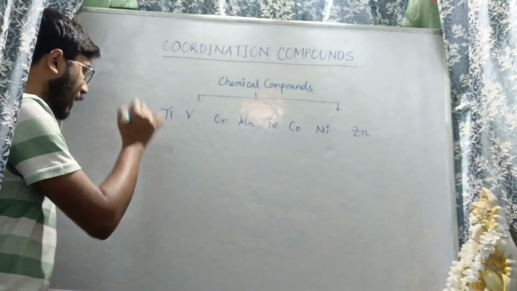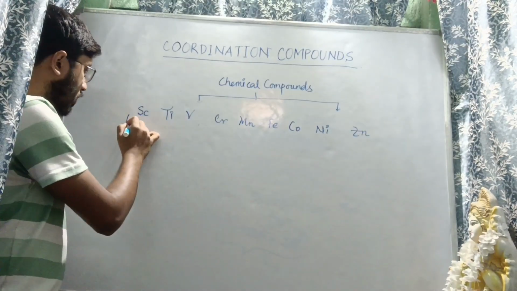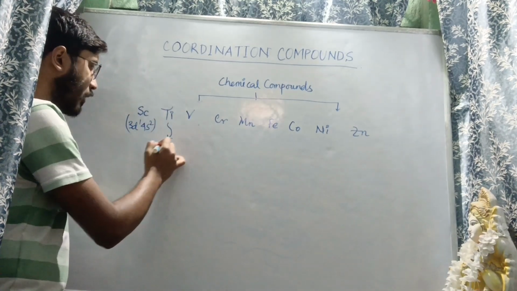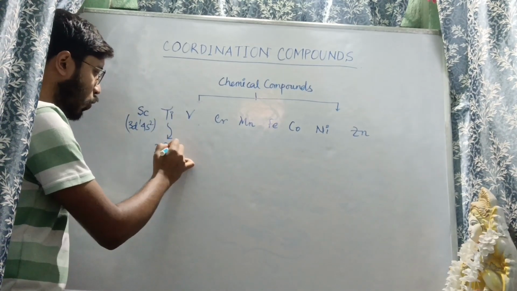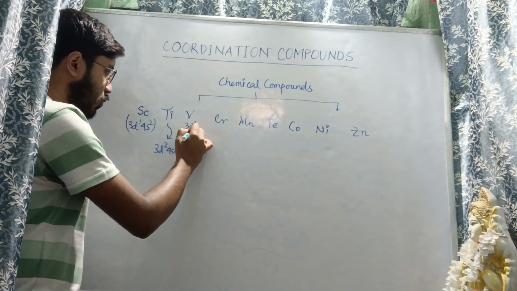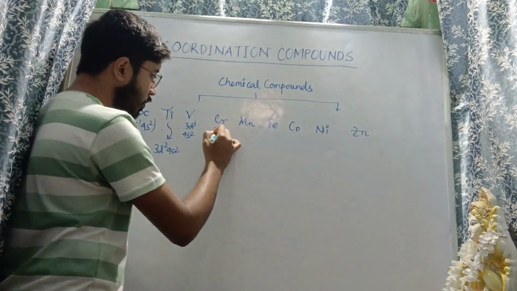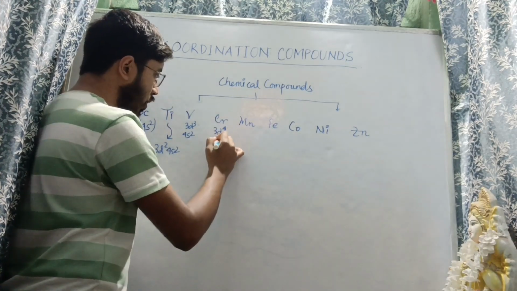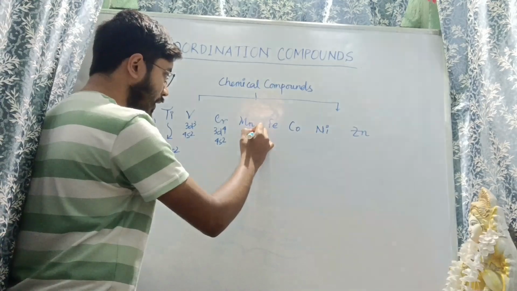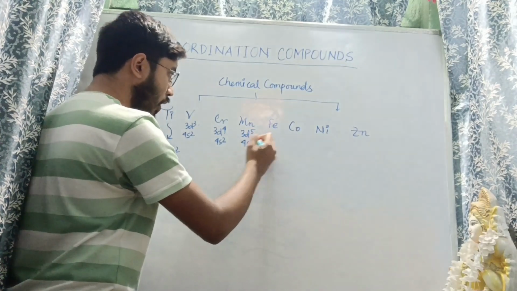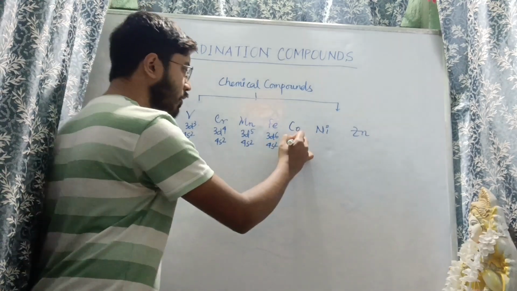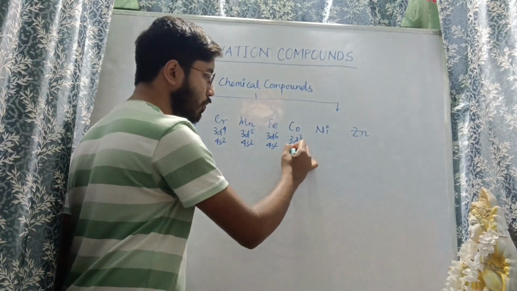In case of scandium, 3d1 4s2. In case of titanium, the electronic configuration is 3d2 4s2. Vanadium, 3d3 4s2. Chromium is 3d4 4s2. In case of manganese, it is 3d5 4s2. For iron, it is 3d6 4s2. For cobalt, 3d7 4s2.